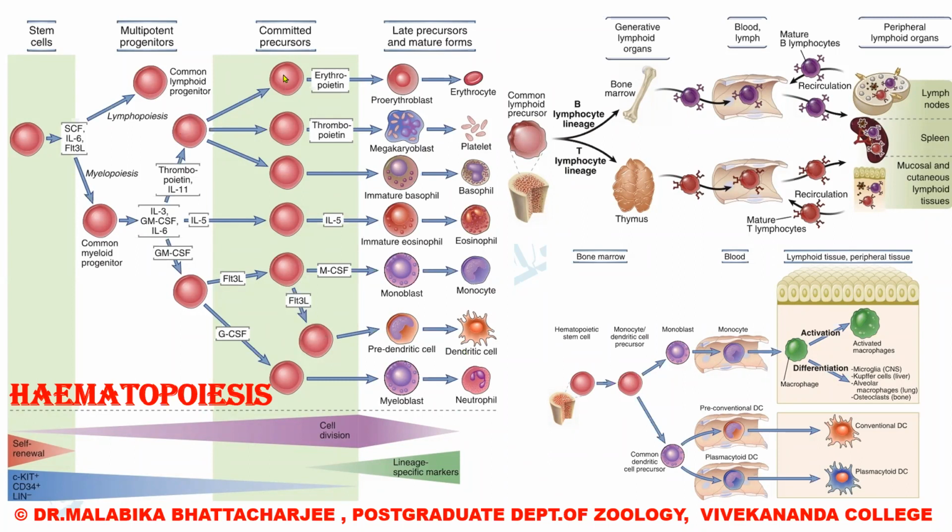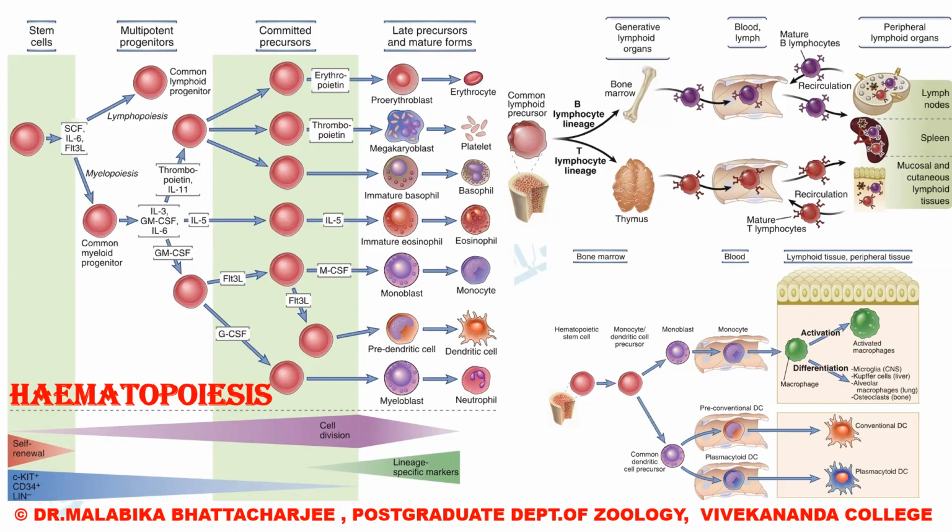Let's look into these multipotent progenitors. We have some common committed precursors here, giving rise to erythrocytes, giving rise to platelets, and we have another common precursor giving rise to basophils. Now, if you look into this particular cell, in presence of interleukin 5, the myeloid progenitor develops into a committed precursor, which gives rise to a basophil.